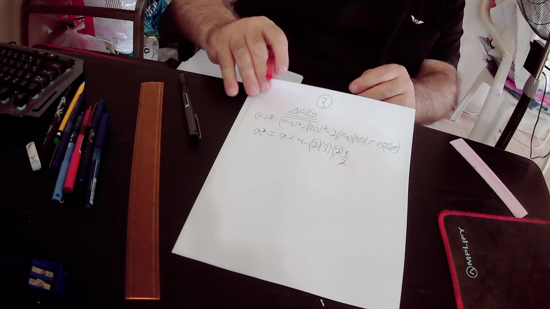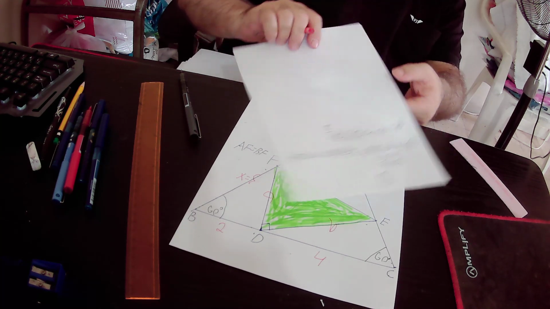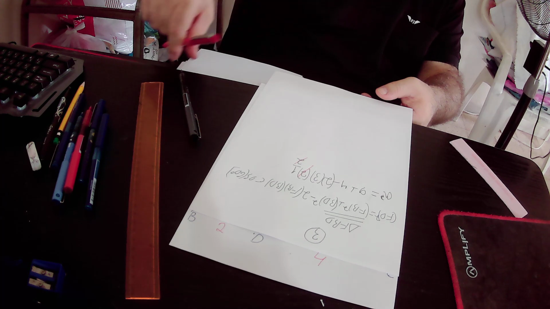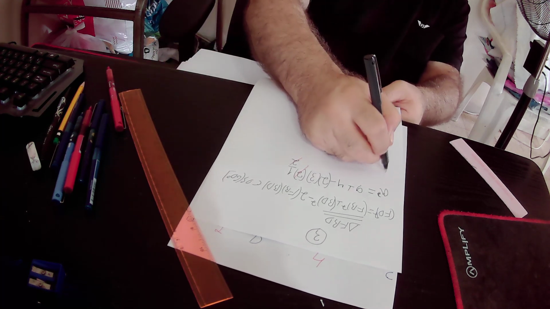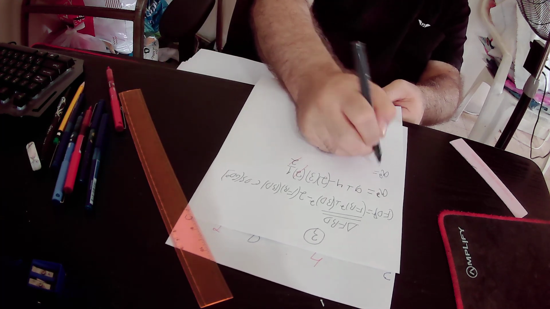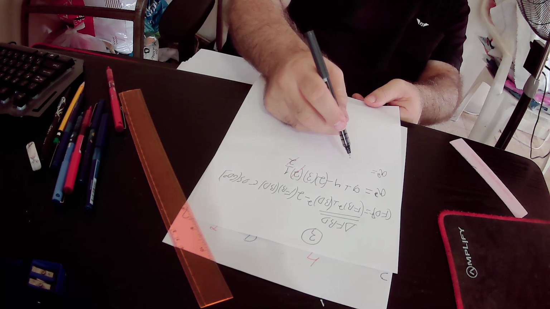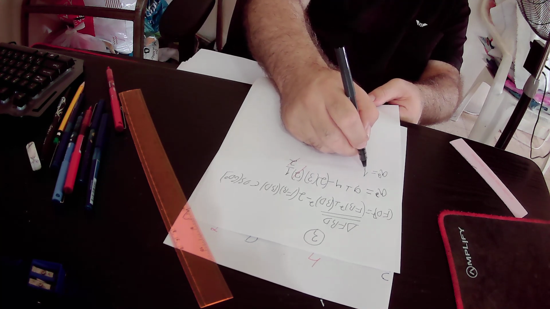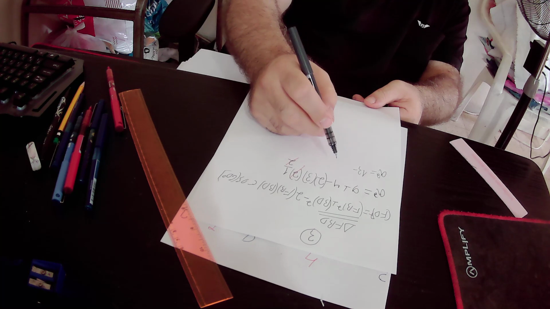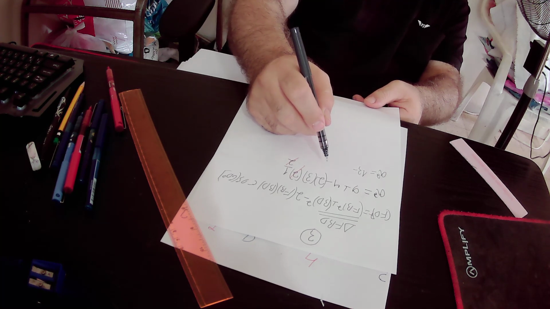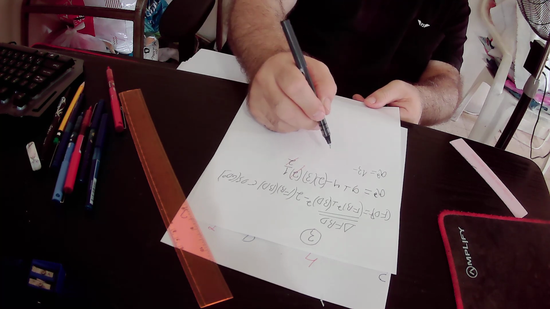And what is left after 2 is cancelled is A square equals 9 plus 4, which is 13, minus 2 times 4 is 6.